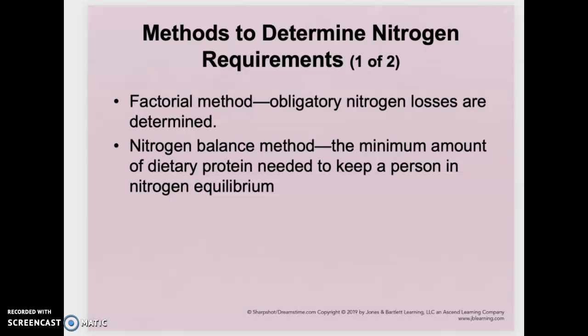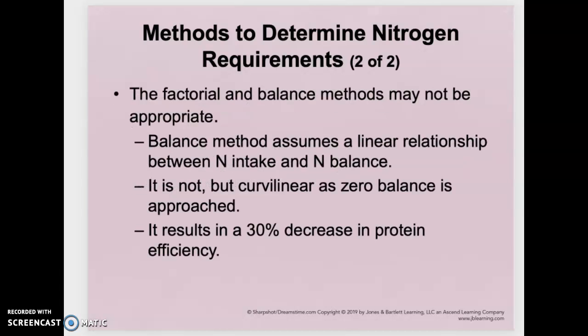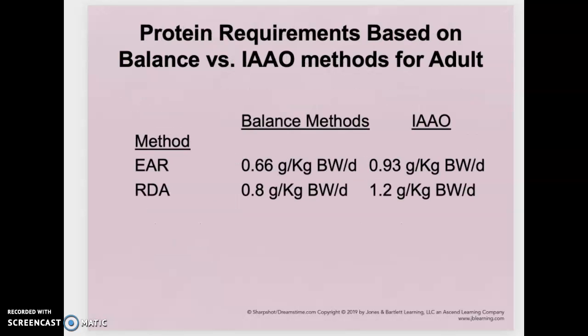So that can be done by lab work if someone were to order it. The factorial method is another way. It just measures obligatory nitrogen losses, which would be through like sweat, urine, feces, etc. So don't worry about that.